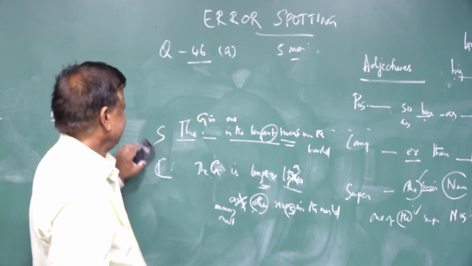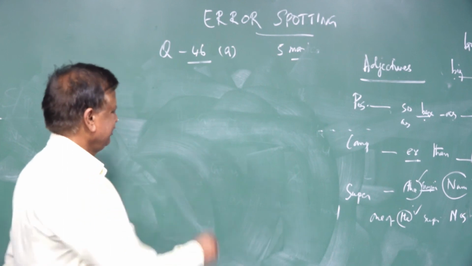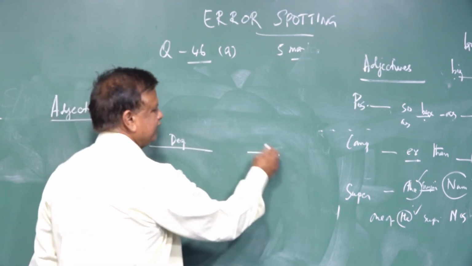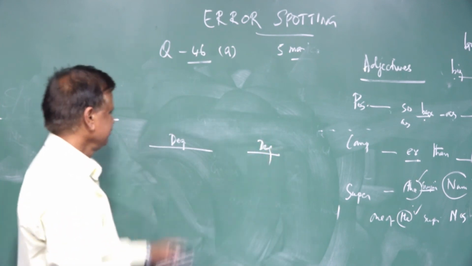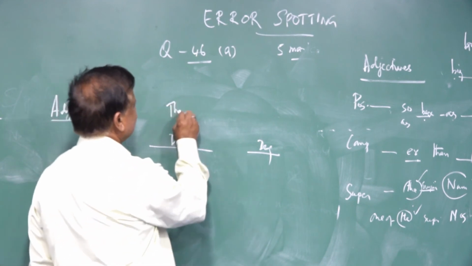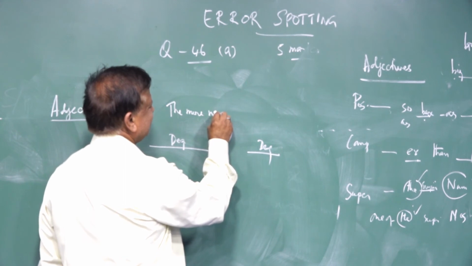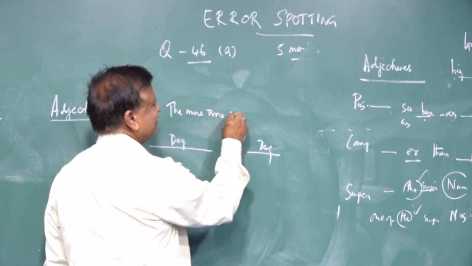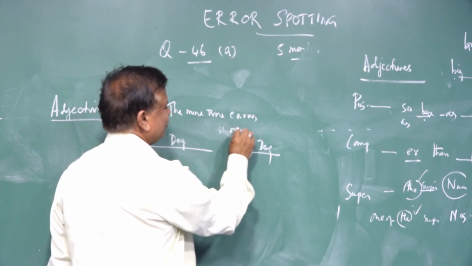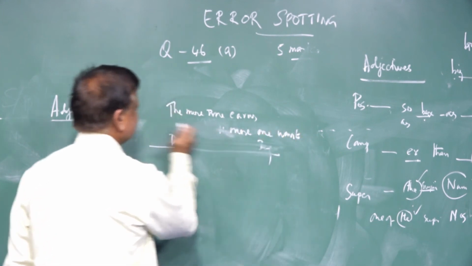So, further in this, when I use a degree in the sentence, that same degree should be maintained in that sentence. When I use comparative, the more one earns, the more one wants. What is the mistake here?